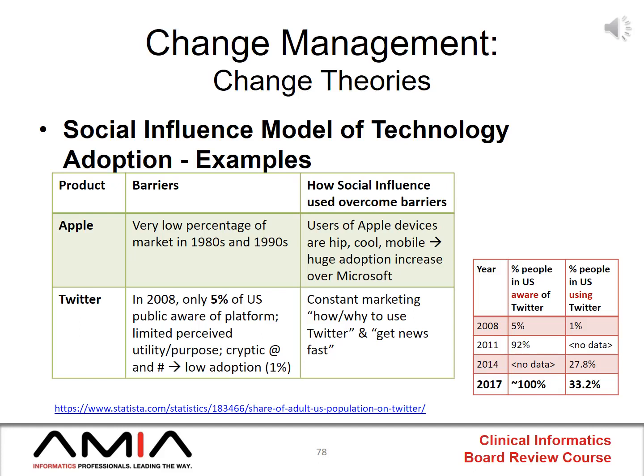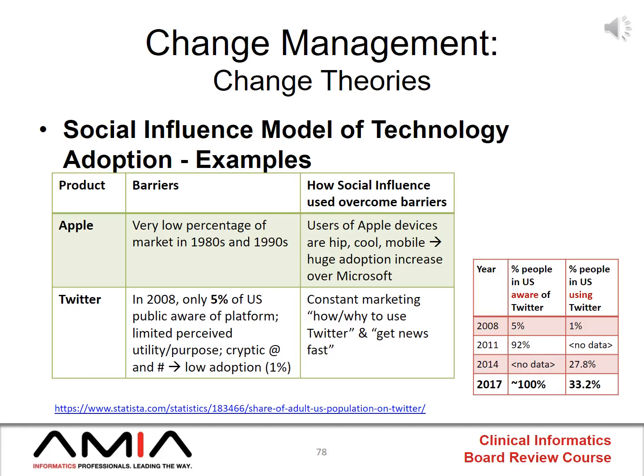Twitter may even be a more dramatic example in the sense that in 2008, only 5% of the United States public were actually aware of what Twitter was, and there were far fewer people actually using it. However, as you can see in the table that I've put over to the right, even prior to the last presidential election, public awareness of Twitter had dramatically risen in the space of about 3 years, from 5% to 92% in 2011.